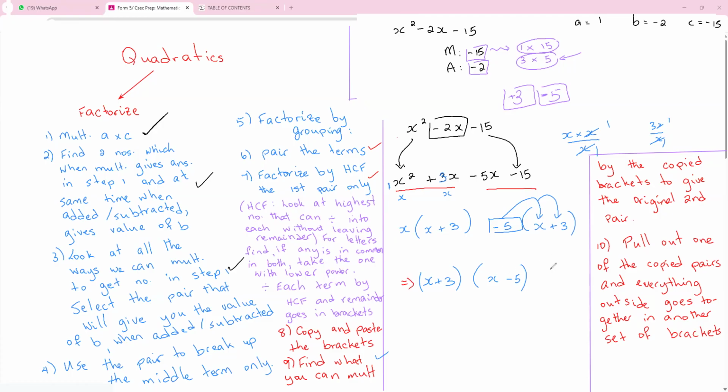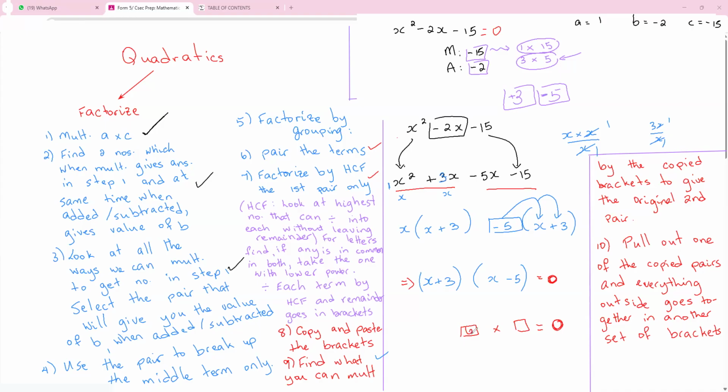Now, when we're solving, you normally see that the quadratic is equal to 0. So when we finish factorizing, we could put this equal to 0. Now, any number multiplied by another number, in order for it to be 0, it means that either this number is 0 or this number is 0.